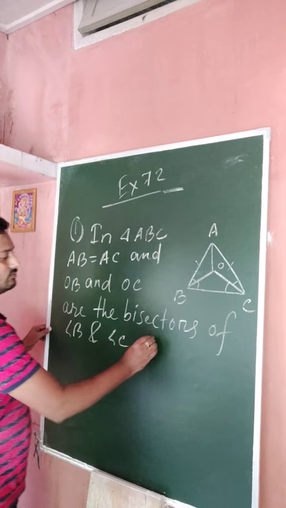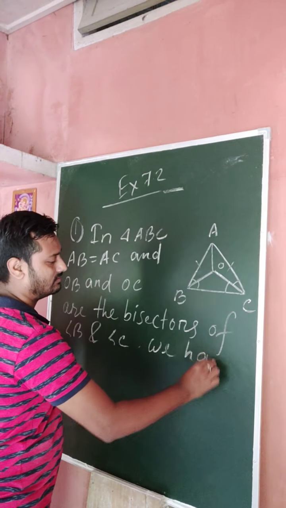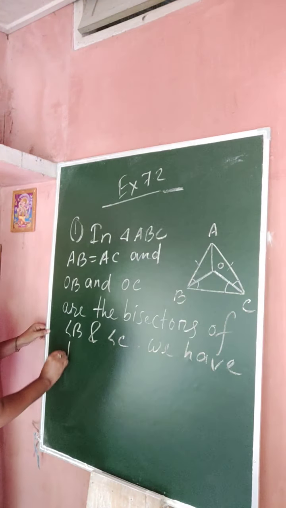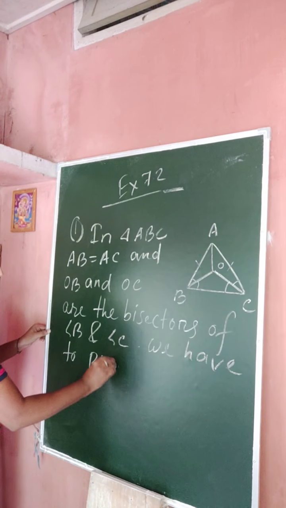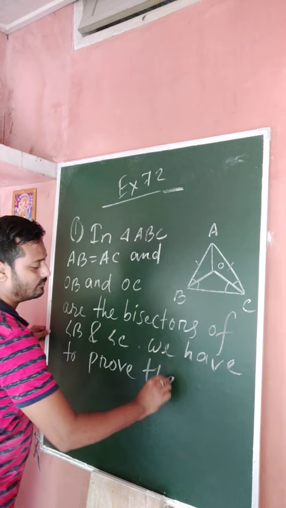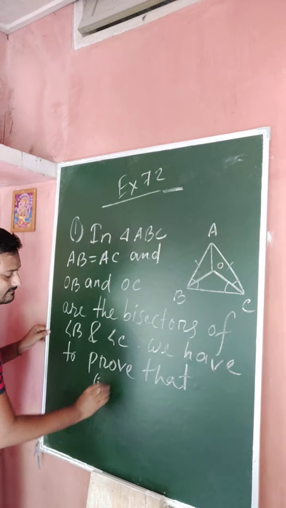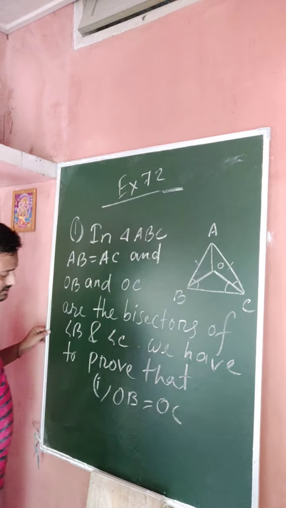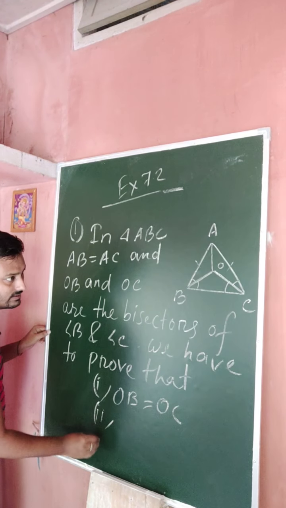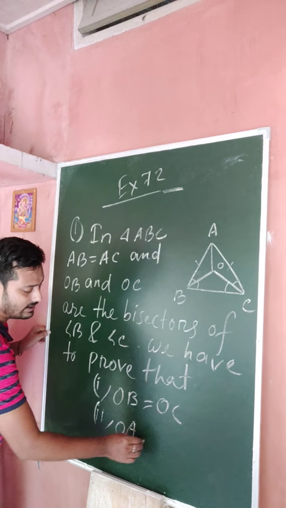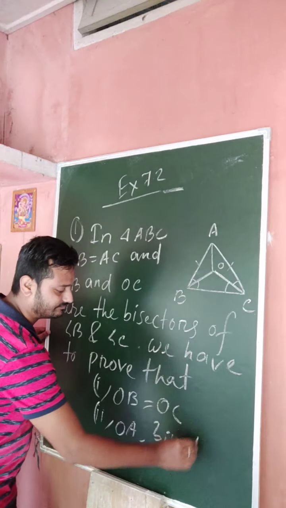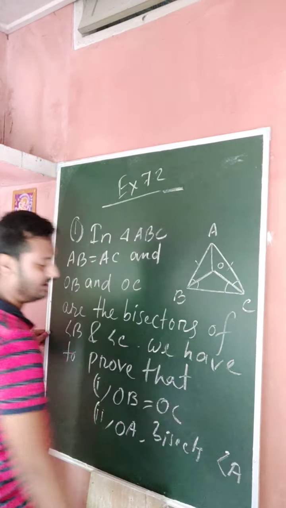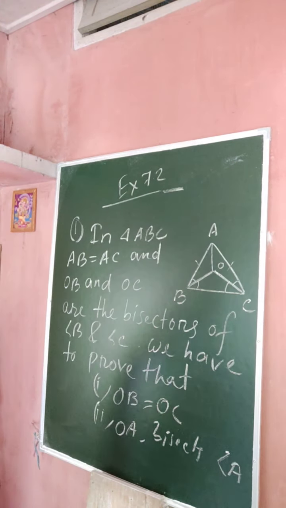Okay, so we have to prove that. First one is OB equal to OC, and the second one we have to prove that OA bisects angle A. Okay, so these two things we have to prove.